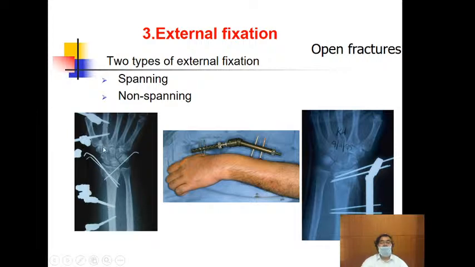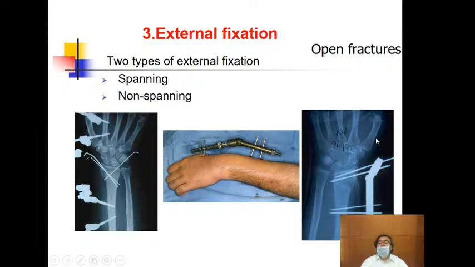So this spans the joint which is affected and beyond. And this external fixator is not spanning because all the pins are within this joint. It is not going beyond the joint.